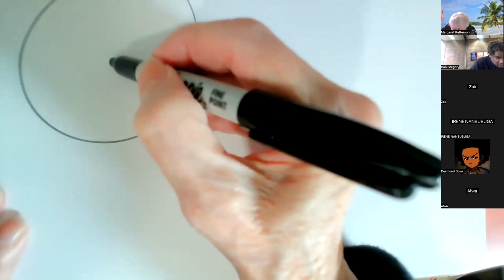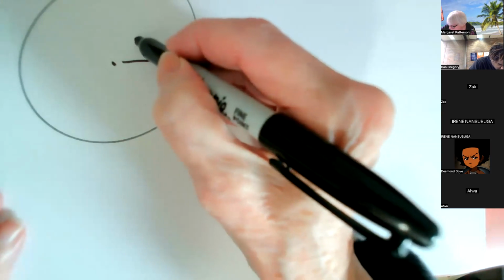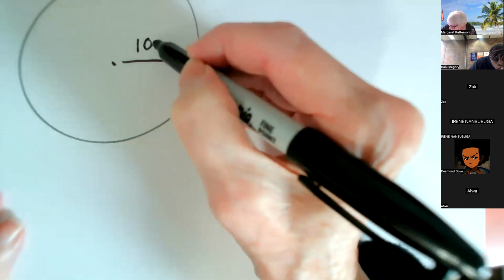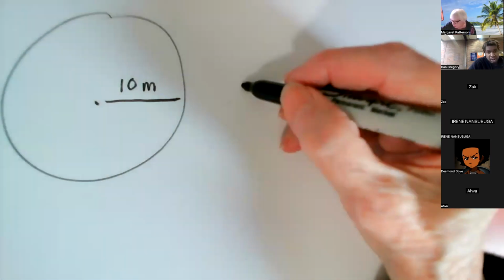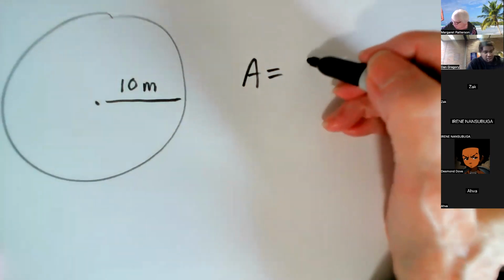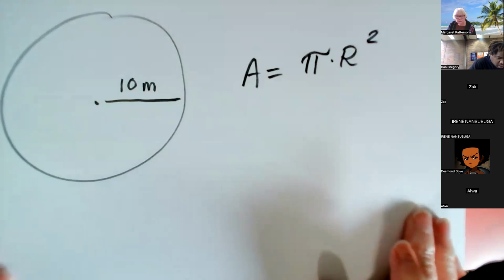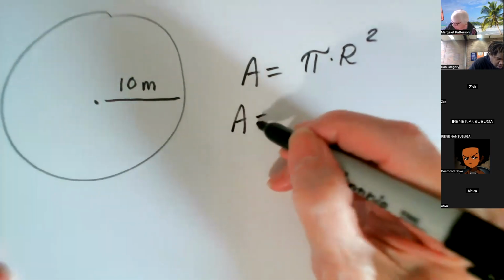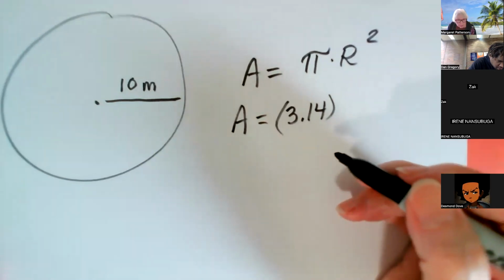So let's say they draw you a picture and they give you 10, and somebody says, well, let's have the area. You say area is pi times r squared. Then you say pi is 3.14, which they're going to give you.